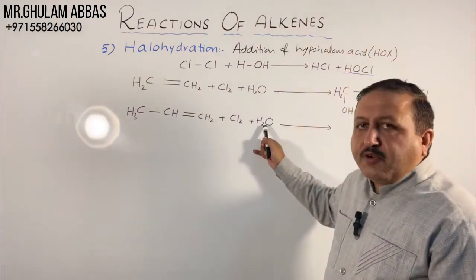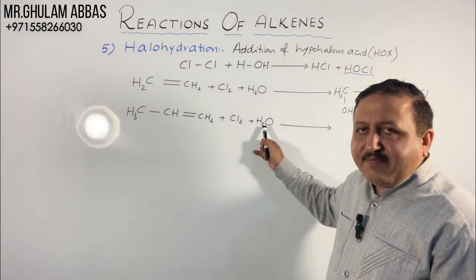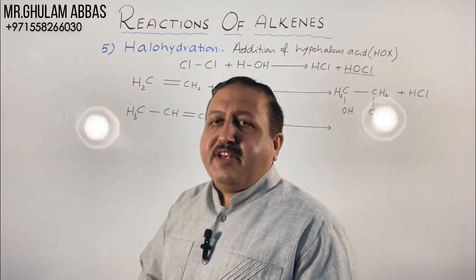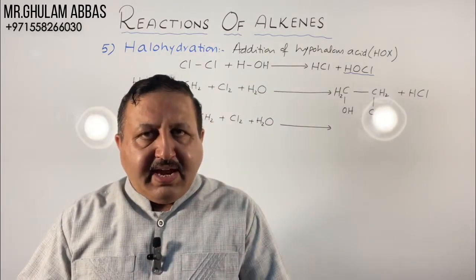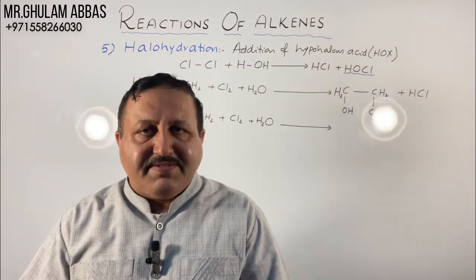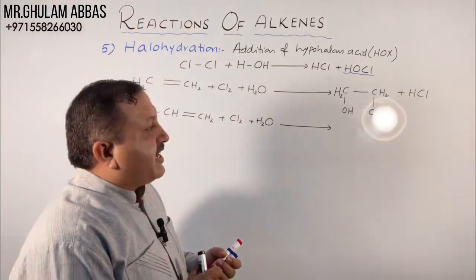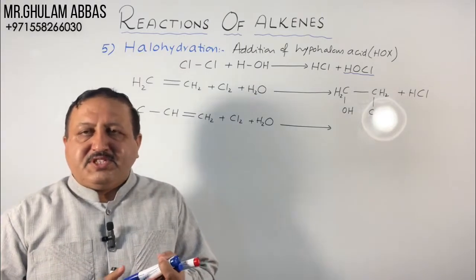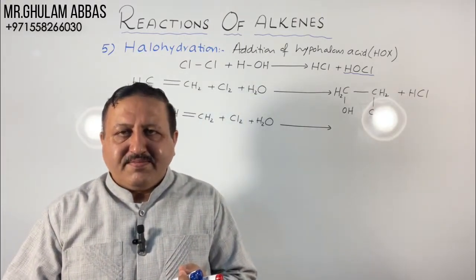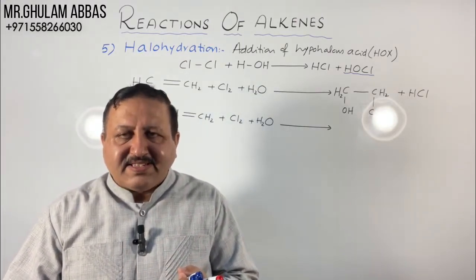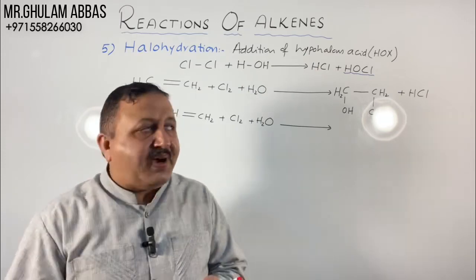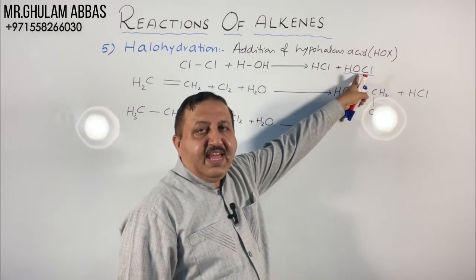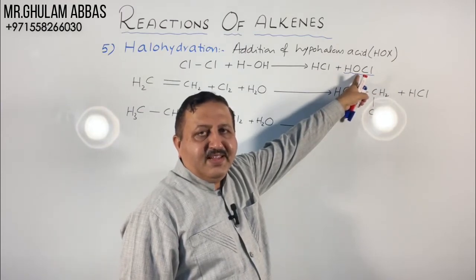Chlorine and water react to form HCl and HOCl, but again the question is, which part will be negative and which part will be positive? How can we decide? Generally both are negative. OH is negative, Cl is also negative, but oxygen is more electronegative as compared to chlorine.